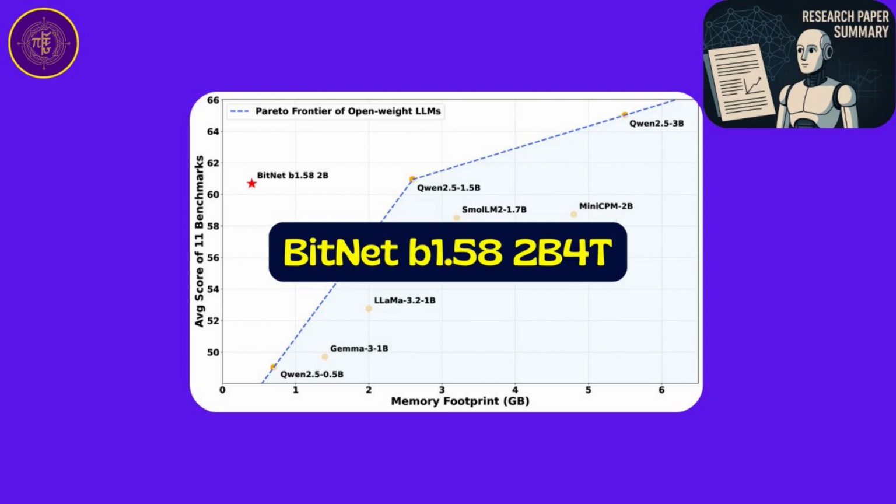Wow. This suggests that training a model from the get-go with low-bit weights might be a more effective strategy for hitting that sweet spot of efficiency and performance, rather than just trying to compress a fully trained, high-precision model afterwards. Okay, native training seems to have an edge over post-training quantization, at least here.